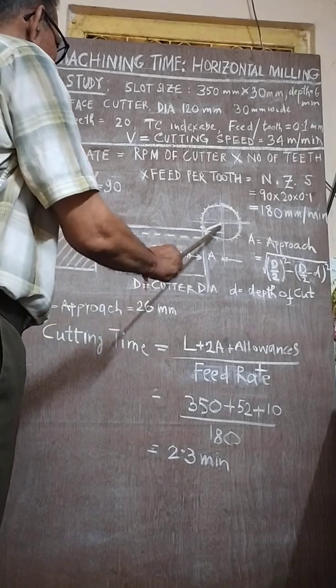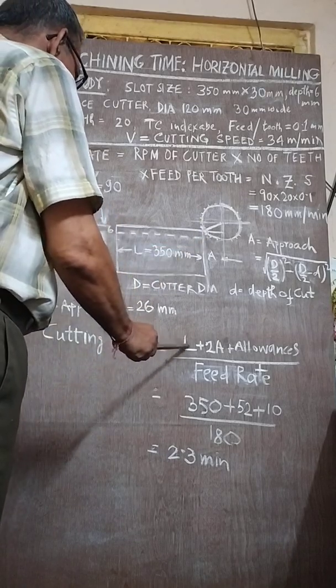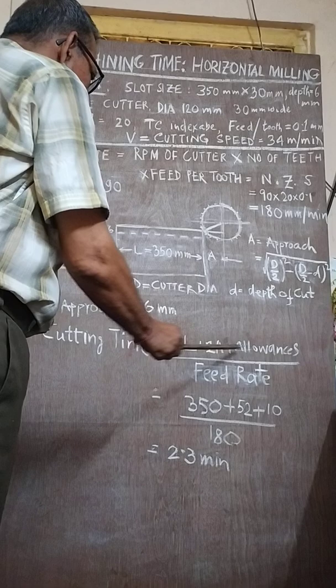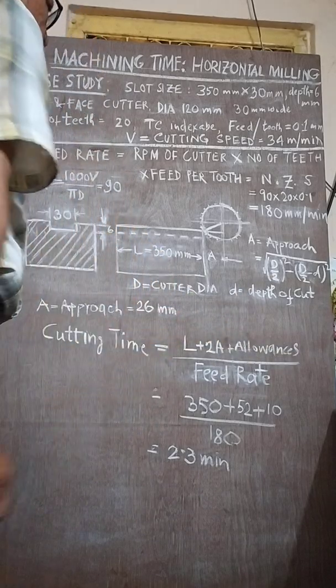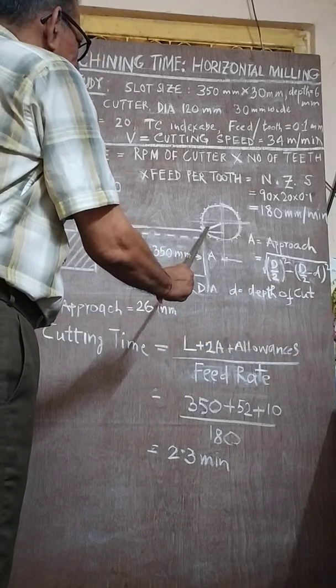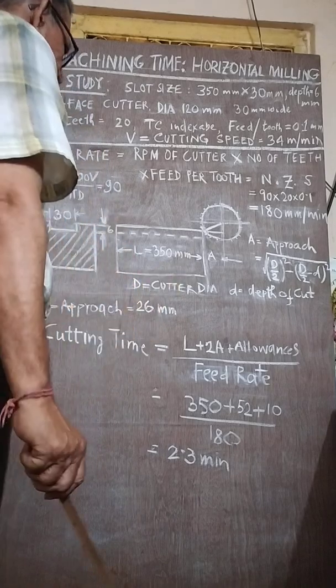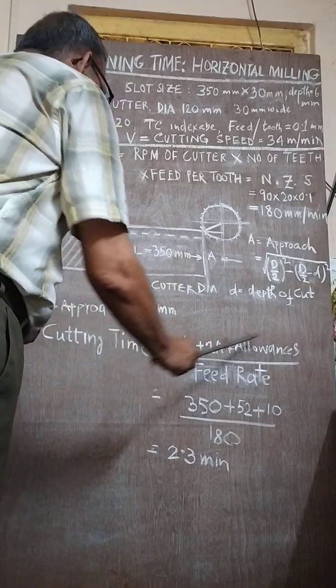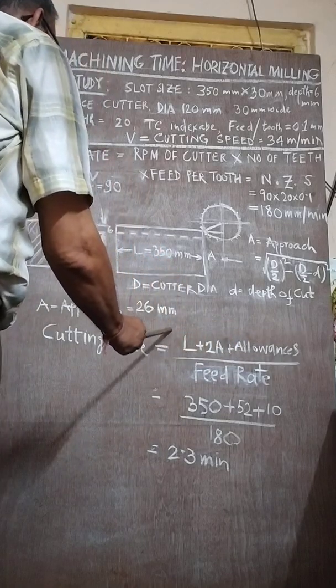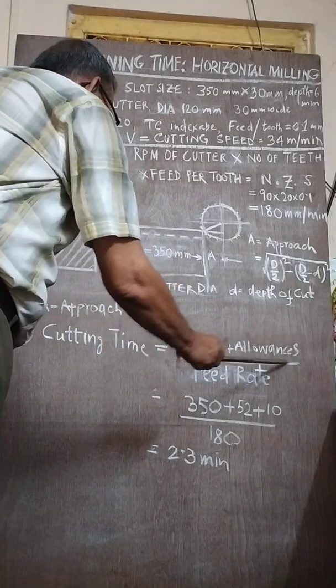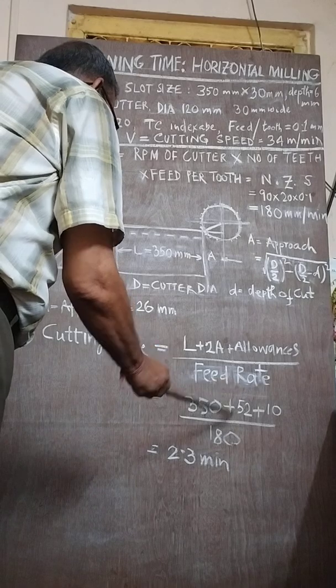The length is the length of the job plus twice the approach, and certain allowances have to be added here, because the cutter has to start a little ahead and will pass a little after that. So this is the equivalent total length of the job to be cut. Divided by the feed rate, it is the cutting time.